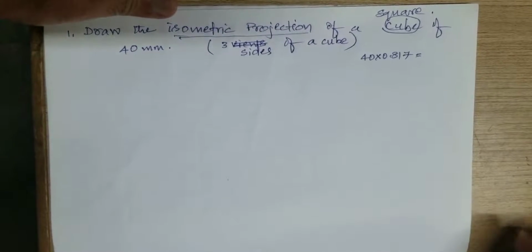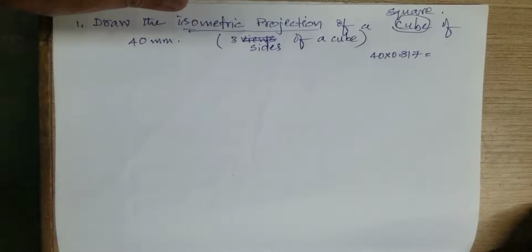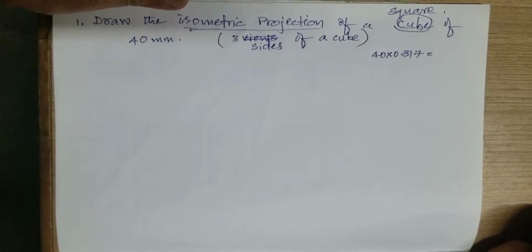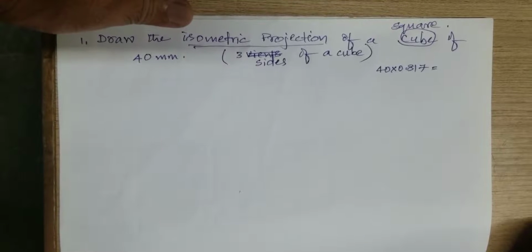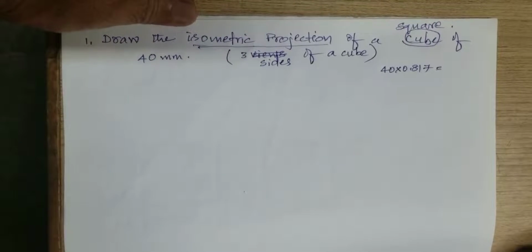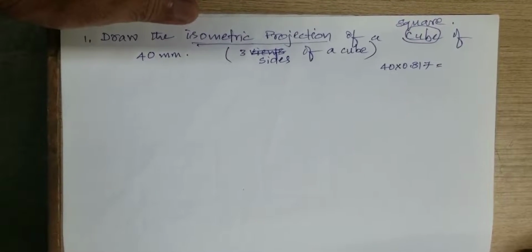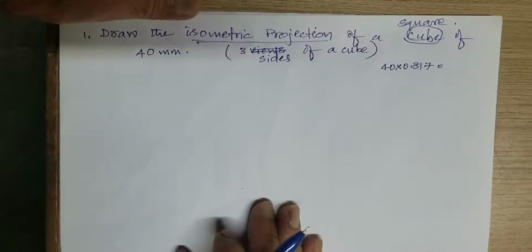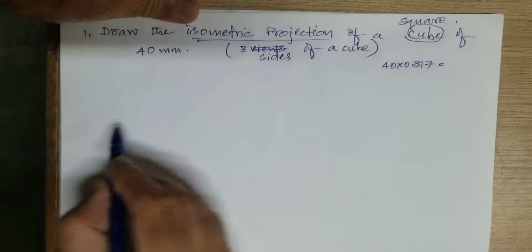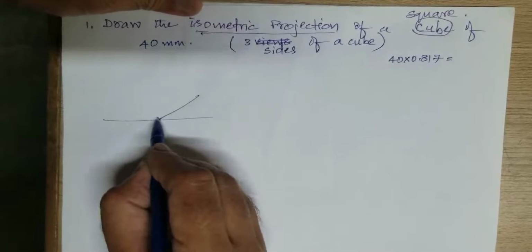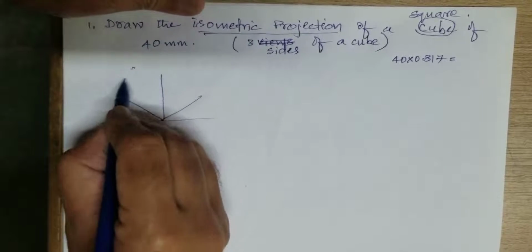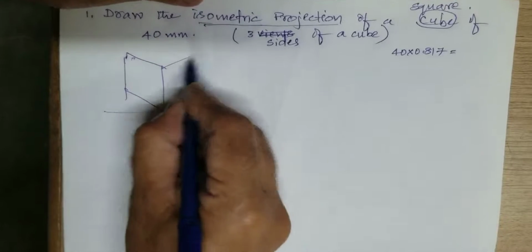In the three sides of a cube, the front square is visible, as we saw earlier, the side is also a square, and the top is also a square. That all three are visible when representing in isometric projection, that I would like to show. No need to explain much, it is a cube, you already know it. Just roughly I am writing here.